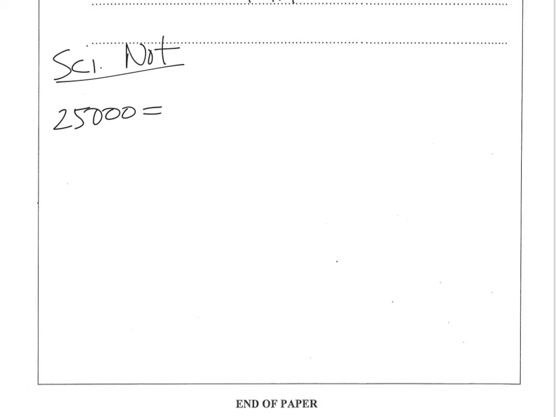The decimal point is just here. We need to move it so it is between the 2 and the 5. So it's got to be 2.5. Can't be 25, that's too big. So we move it 1, 2, 3, and 4. So it needs to be 2.5 times 10 to the 4 movements.